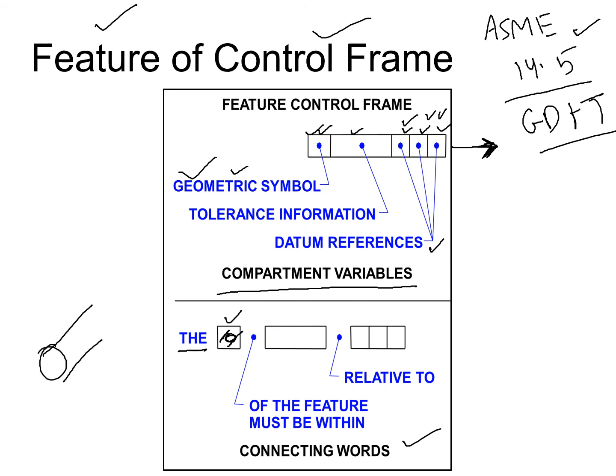If we have a certain cylinder and I talk about this cylindricity, then the cylindricity of the feature must be within, and since I'm talking about a circular part, I will mention the diameter symbol, and let's type 0.02. So the cylindricity of the feature must be within diameter 0.02, relative to, so it is a form tolerance. Cylindricity is a form tolerance, and with form tolerance we do not use references.